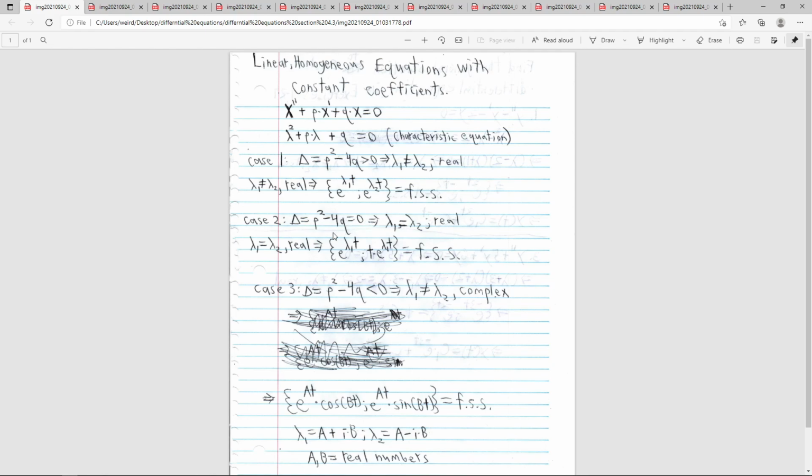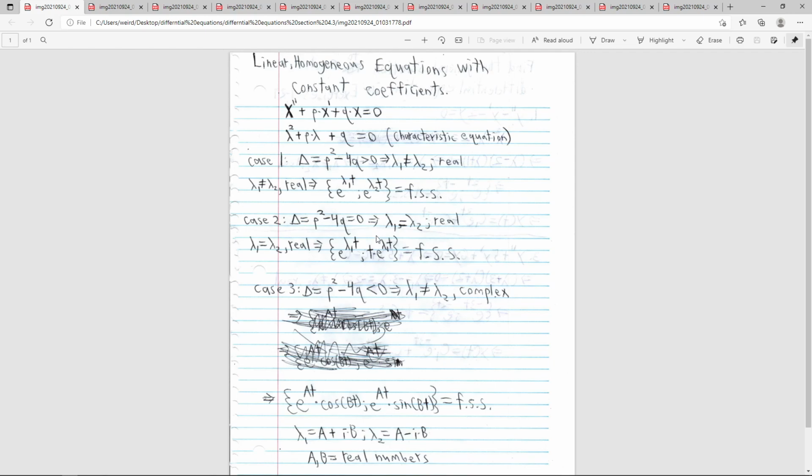So the first case is when lambda 1 does not equal lambda 2 and they're real numbers. The second case is when they are real numbers and they're equal to each other, so we have lambda 1 equals lambda 2. Part of this theory is based on linear independence, like we talked about in the last section.